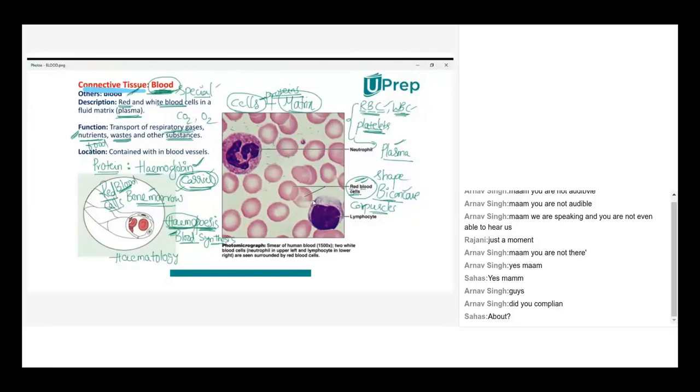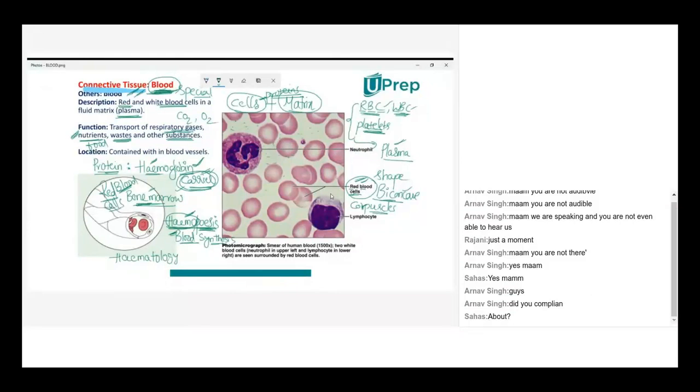This is how we can conclude blood as a specialized connective tissue. It is a connective tissue because it connects various other tissues in the body and acts as a carrier with the help of a protein called hemoglobin in the blood, and it supports the production of blood with the help of bone marrow.